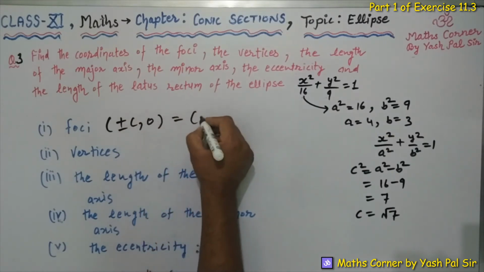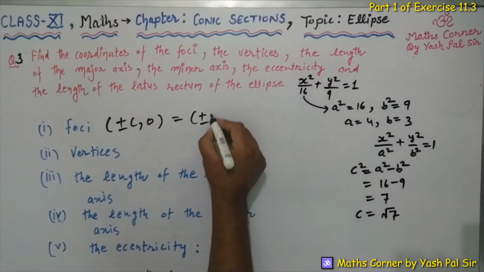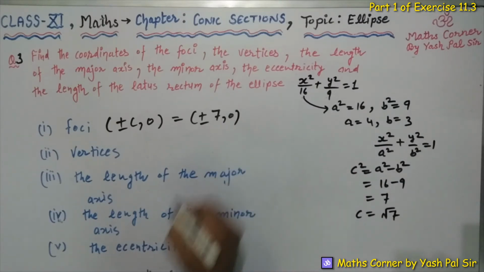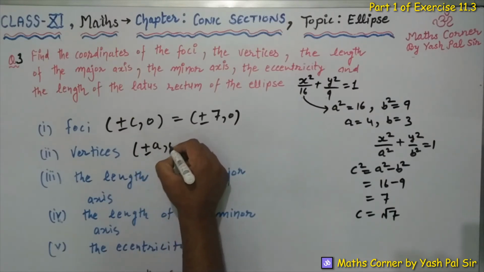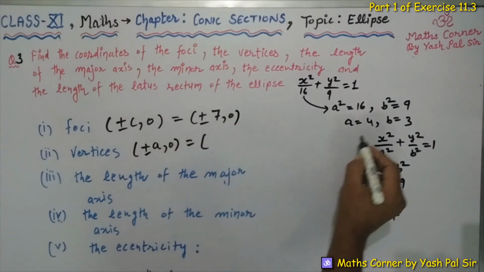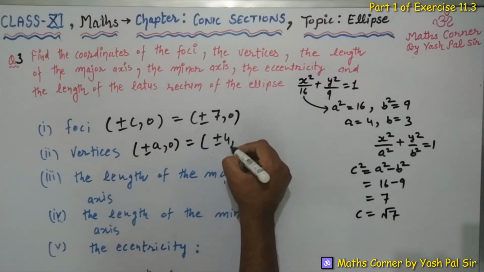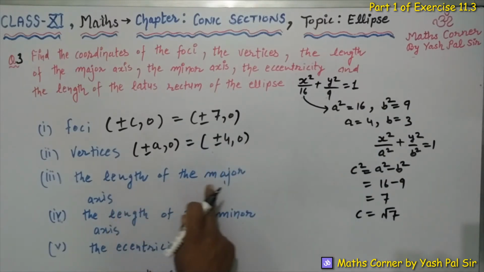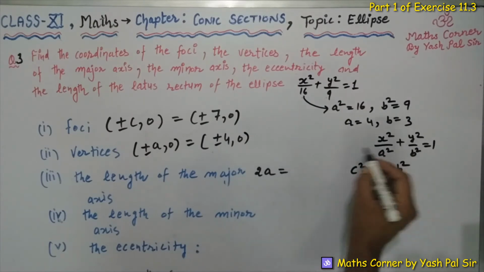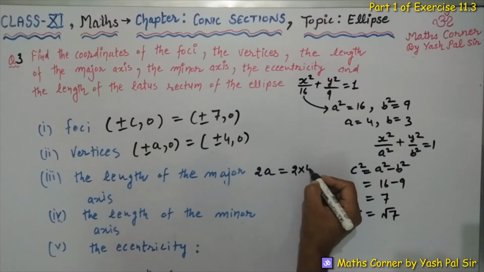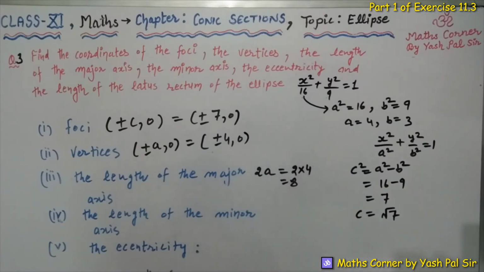This becomes plus minus square root of 7 comma 0. The vertices are plus minus a comma 0, that is, plus minus 4 comma 0. Length of the major axis is 2a, that is equal to 2 into 4 equal to 8. The length of the minor axis 2b, that is 2 into 3 equal to 6.